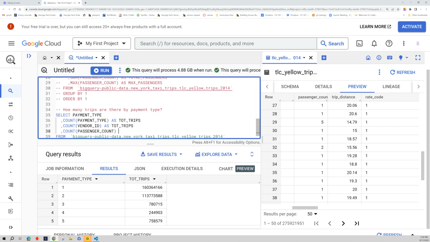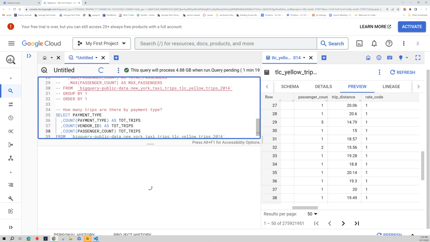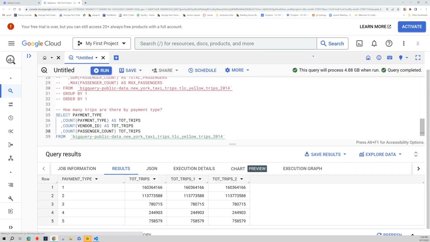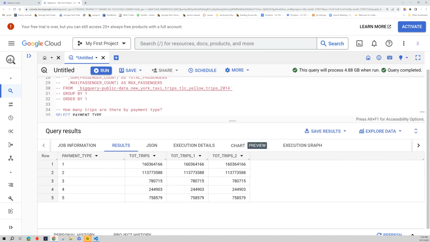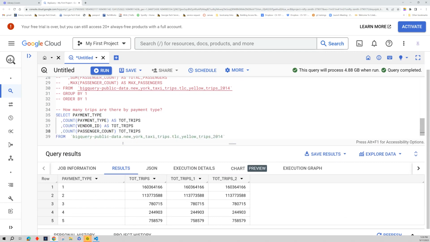Because if you're missing a value, you don't get counted. Okay, so let's see. And just like we hypothesized, if we do total trips using counting the payment type, we get the same number as if we counted the vendor ID, and we get the same number if we did the total trips. The only time it would be different is if we had a null.